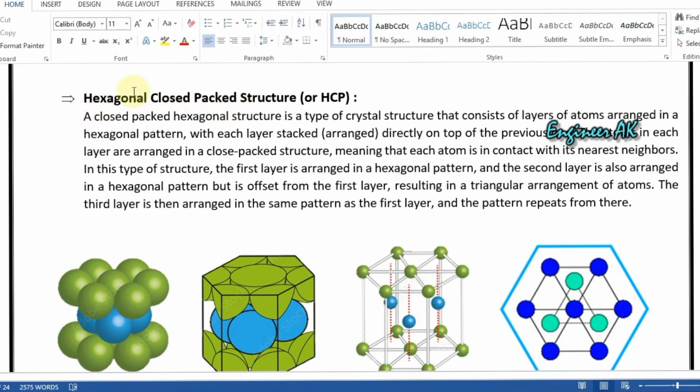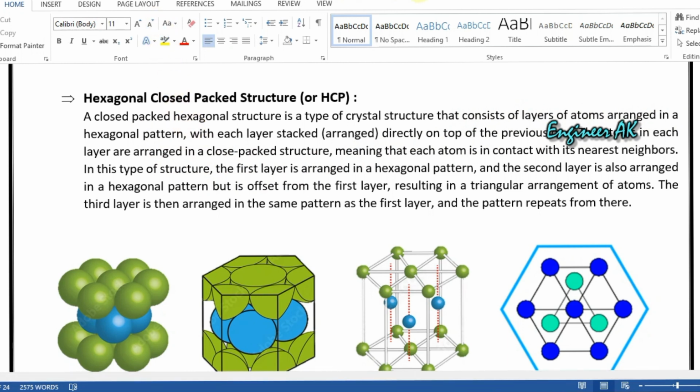So what is hexagonal close packed structure or HCP? It is the short form of hexagonal close packed structure, right? A close packed hexagonal structure is a type of crystal structure that consists of layers of atoms arranged in a hexagonal pattern.